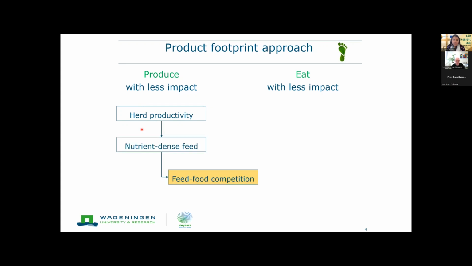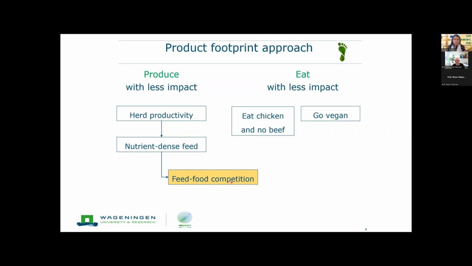Usually we realize that with very nutrient dense, high quality feed. But if we give the animals cereals, grain, with a high nutrient density and a good conversion, we will enter the feed food competition, because the cereals that we're feeding to the animals might as well serve as food for human beings directly.